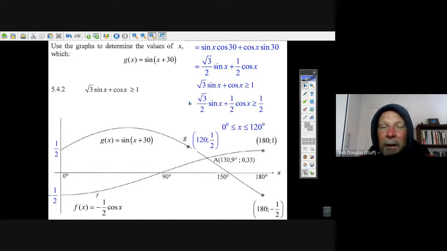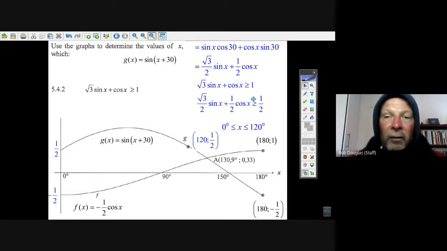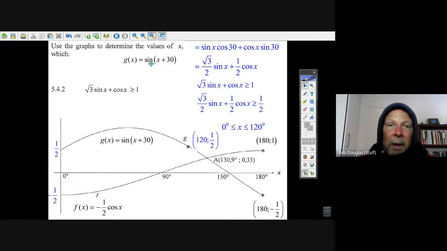We need to figure out where root 3 over 2 sine x plus a half cos x is greater than or equal to a half. Because this is just another way of looking at the sine of x plus 30, we just need to figure out what's going on with this function g where it equals a half.